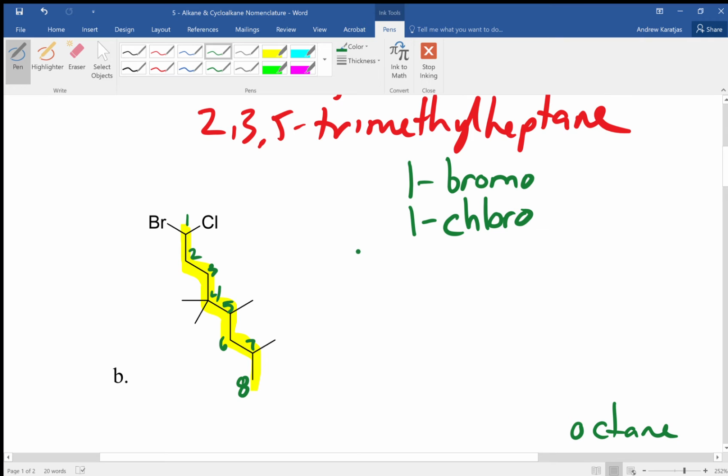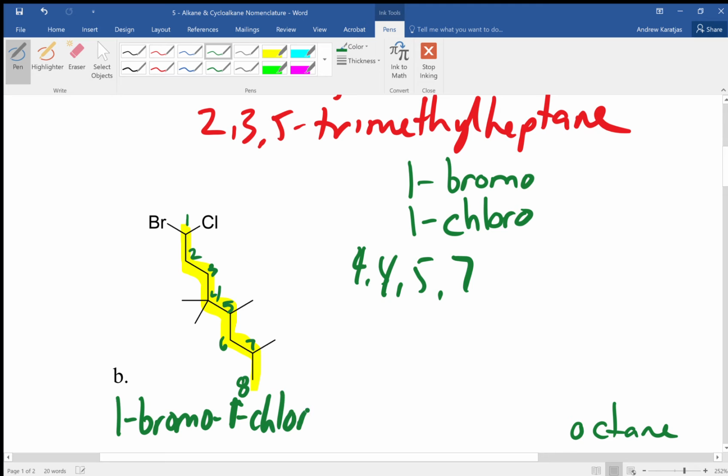In fact, we have 4 of them. 4, 4, 5, and 7 are all methyl groups. So all we need to do at this is alphabetize. 1-bromo, 1-chloro, 4,4,5,7-tetramethyloctane.